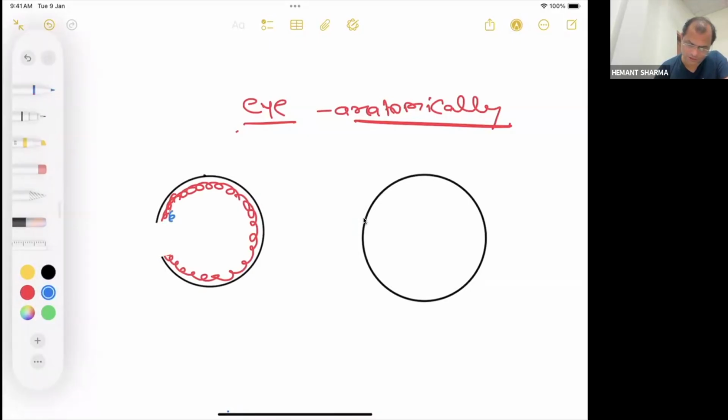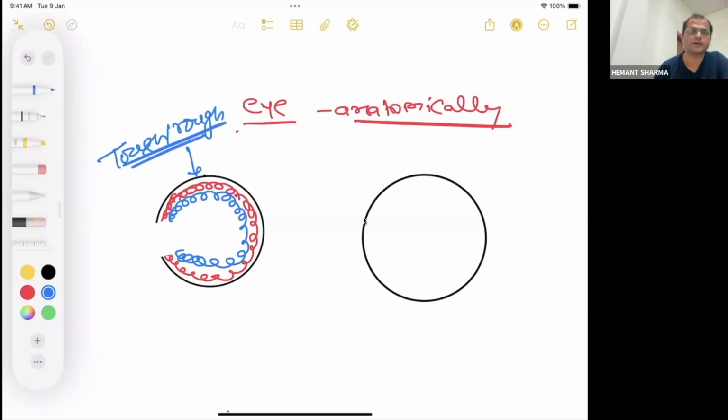There are three layers in the eyes. The outermost layer is very tough and rough and a little hard. That is called sclera. उसे हम कहते हैं स्क्लेरा.